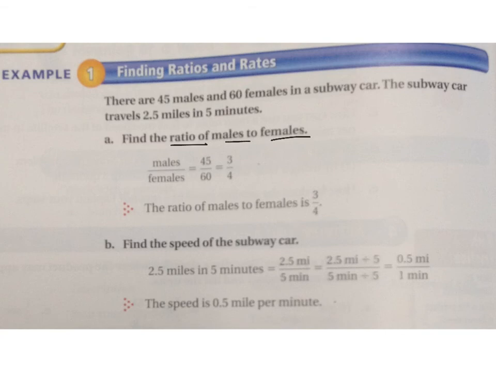Remember, when you are finding ratios, you need to give your answer in the order that it was asked in the question. It asked for males first and then females. So the males would be at the top of the fraction, or if you were writing it with a colon, you would write the number of males first and the number of females second.